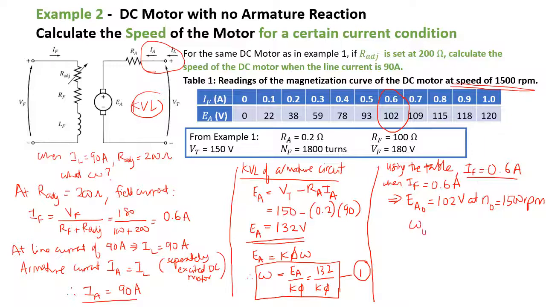Now omega 0 is n0 times 2 pi over 60, which is 1500 times 2 pi over 60. Unit is radians per second.